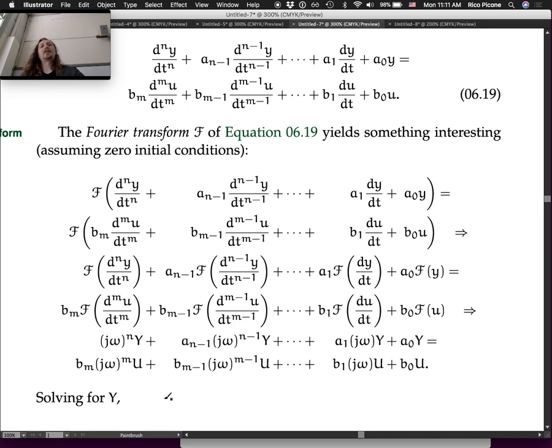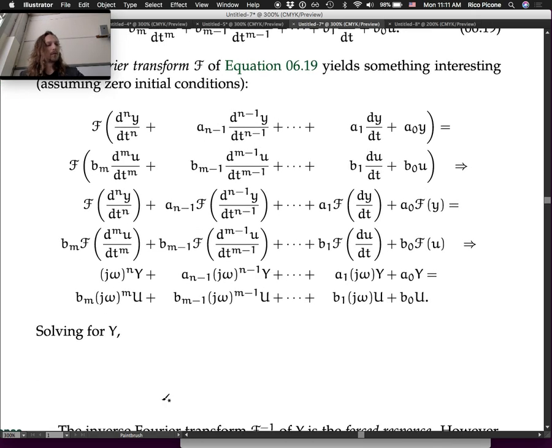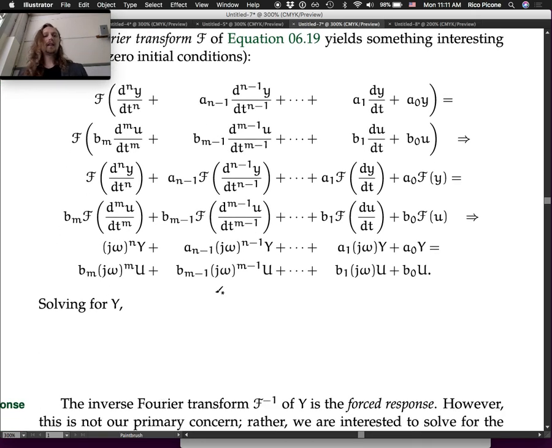Now we can algebraically solve for Y and get the following.